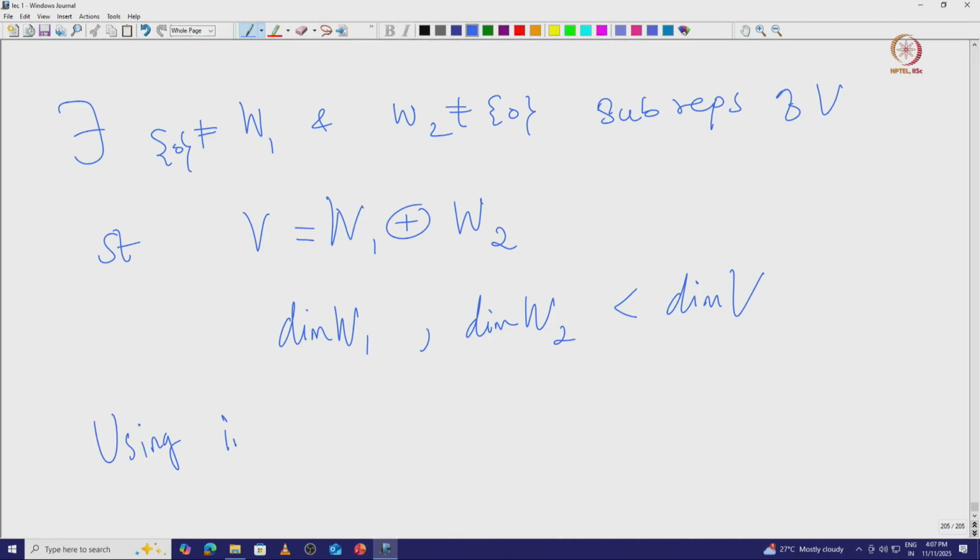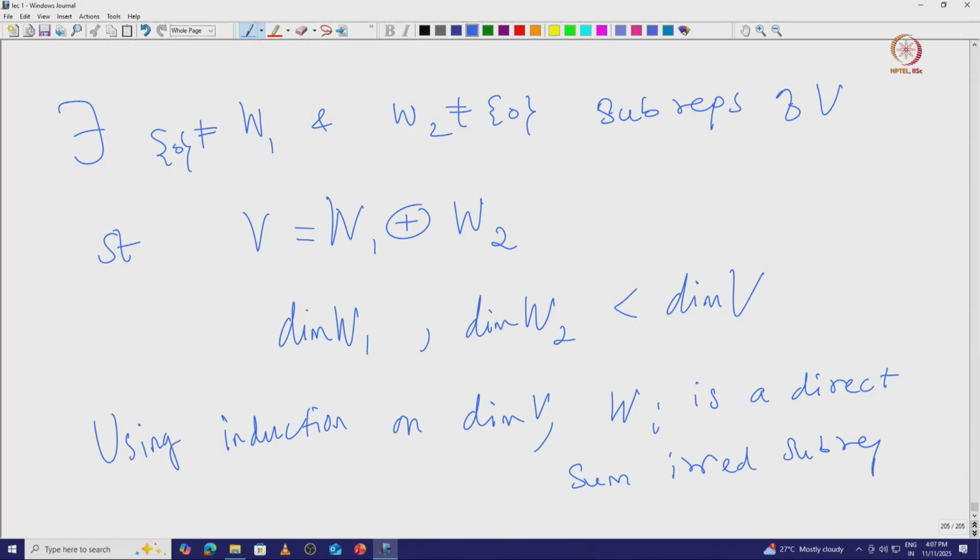So, using induction on the dimension of V, we get that both Wi are a direct sum of irreducible sub-representations.